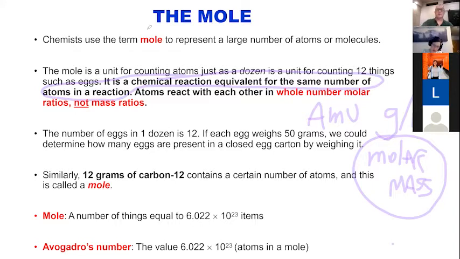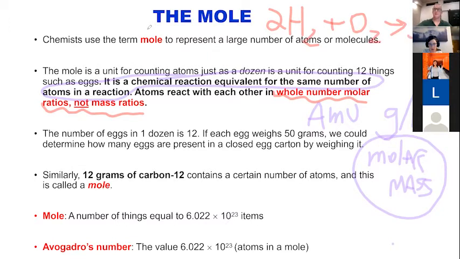So atoms react with each other in whole number molar ratios, not mass ratios. So when I say that, like, 2 hydrogen molecules react with 1 oxygen molecule and make 2 water molecules, I'm not saying that 2 grams of hydrogen react with 1 gram of oxygen and make 2 grams of water.